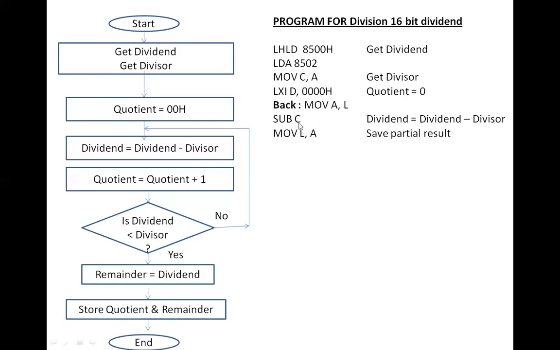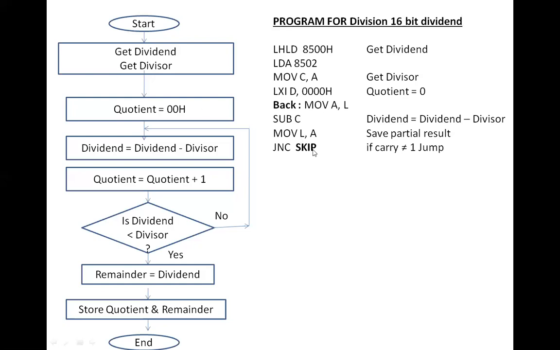So after the subtraction, the accumulator will contain the lower order value. While subtracting the content of C, which is the divisor, from the accumulator, the accumulator will change. This accumulator value will be the partial result, and that result will be stored in the L register.